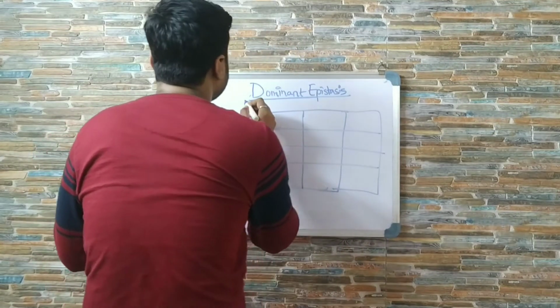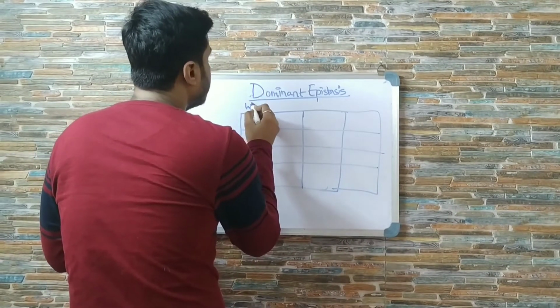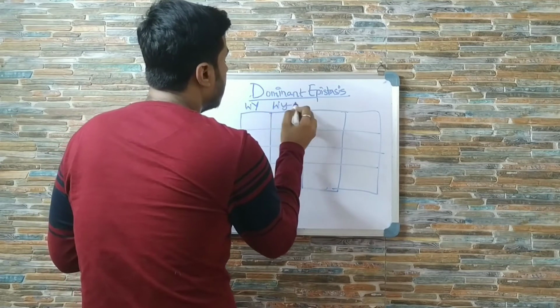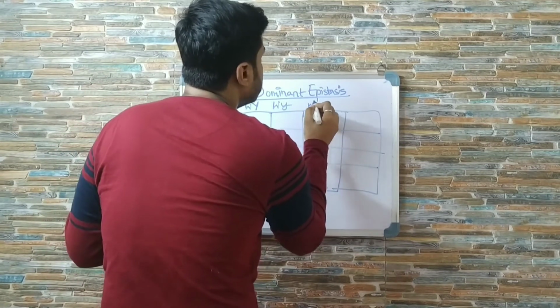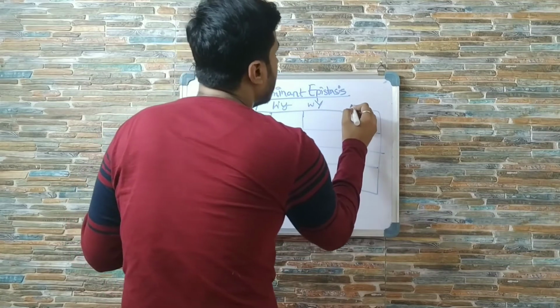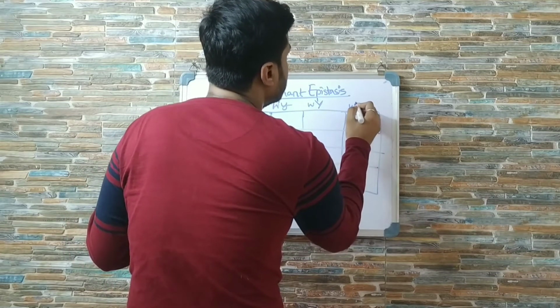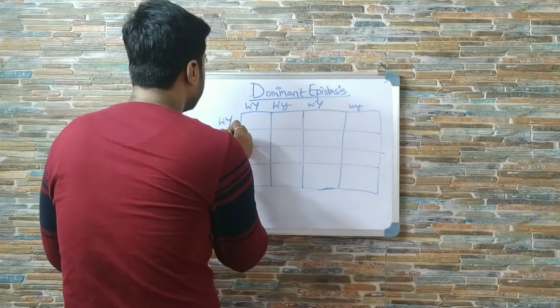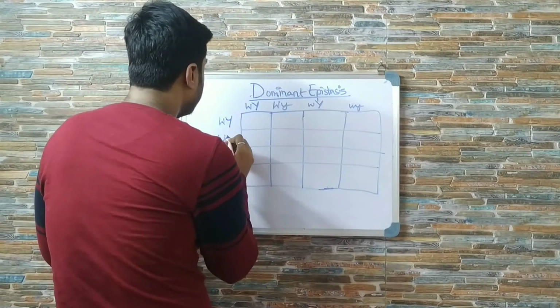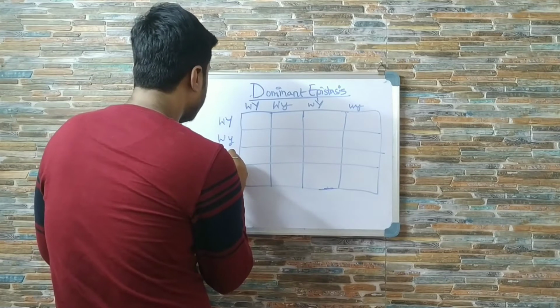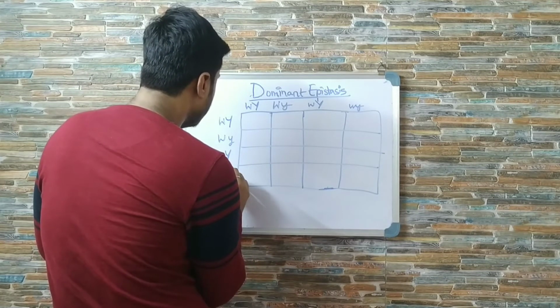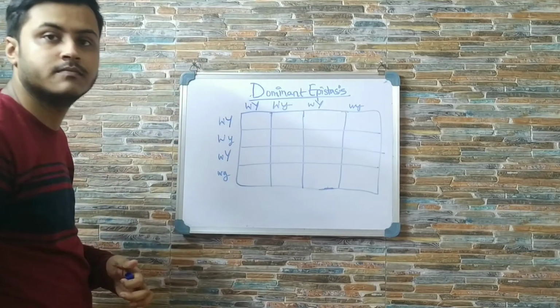Then we'll have capital W, capital Y, capital W, small y, small w, capital Y and small w, small y. Similarly, capital W, capital Y here, capital W, small y here, then small w, capital Y here, and then small w, small y here.